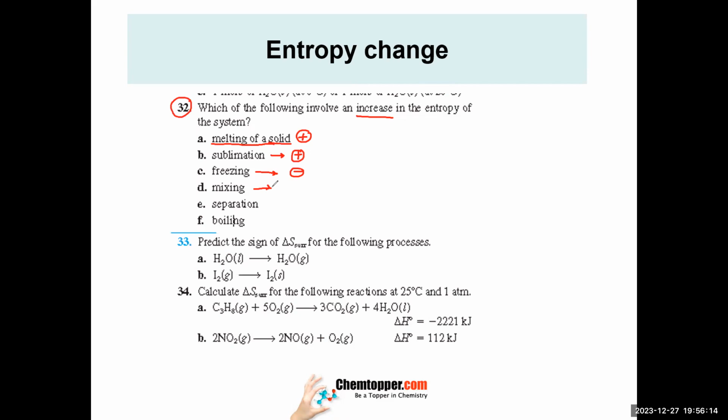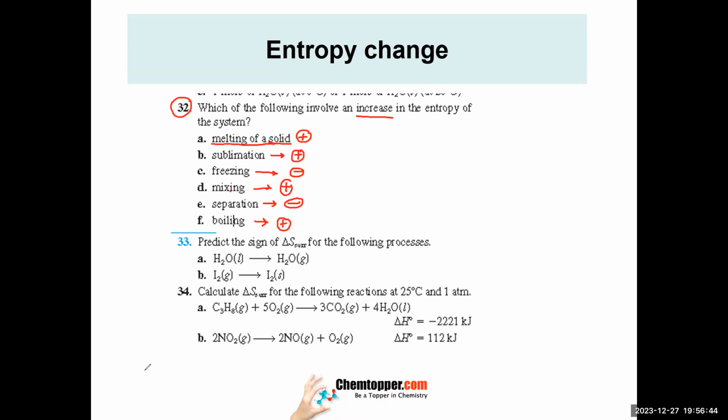So when you are mixing two things, randomness has increased. Remember this: mixtures have more entropy than pure substances. Okay. Separation, decreasing. Yes. Boiling means liquid to gas, increasing.